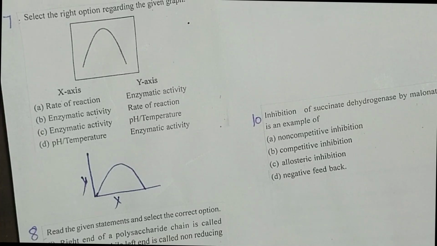We have studied this earlier. Second, if the x-axis is enzyme, vice versa, it will not affect the rate of reaction at all.